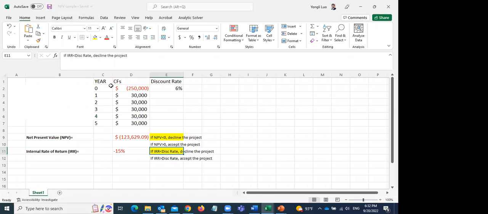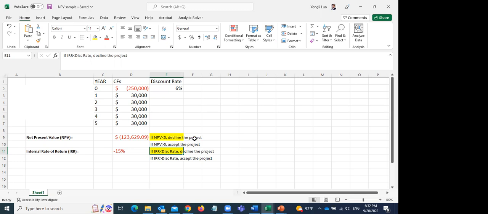Because the net present value is less than 0, or net present value is negative, we should decline the project.